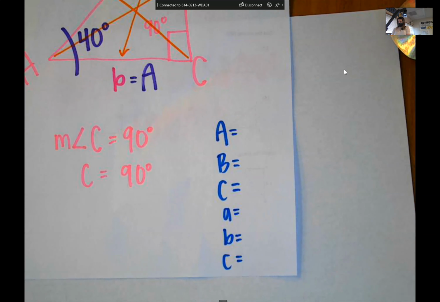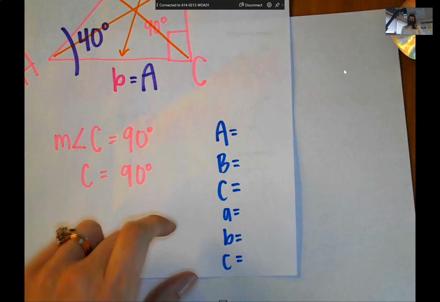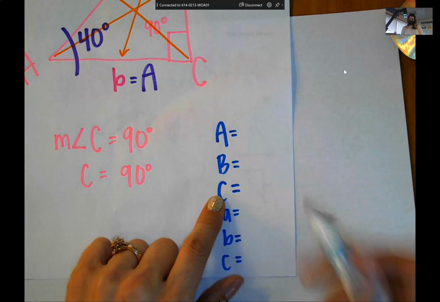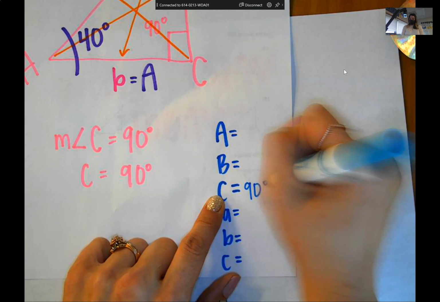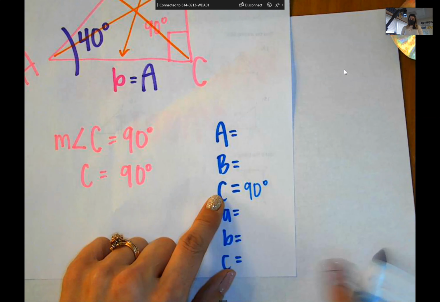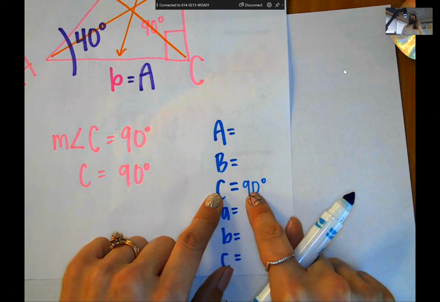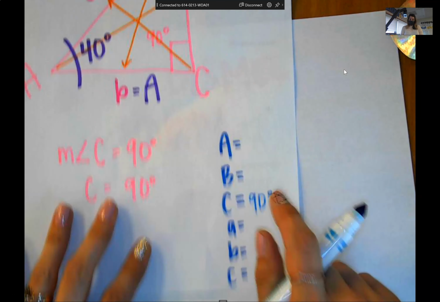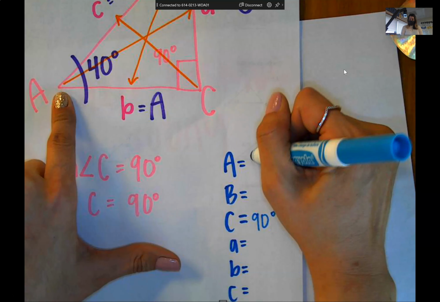Well, on the one that we're currently looking at, we know two of these. So we know capital C is 90. When you put it in Canvas, though, you won't put this degree symbol. You can just put 90. And I told you that angle A is 40.